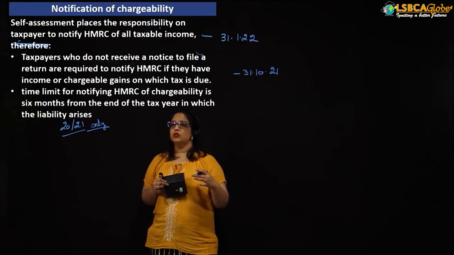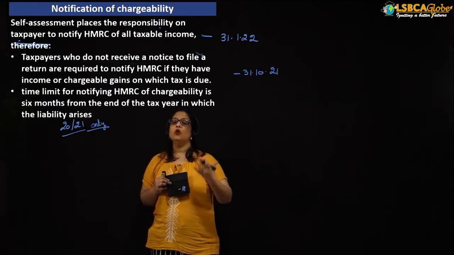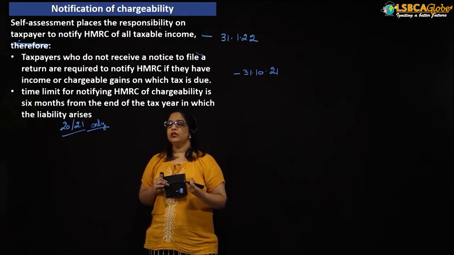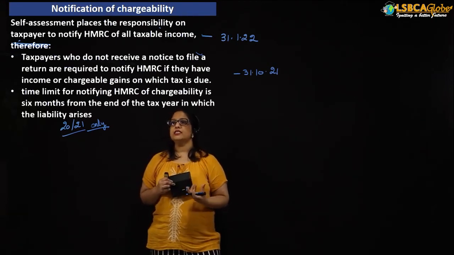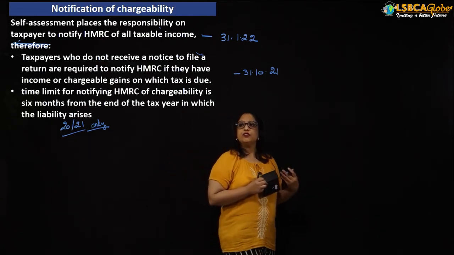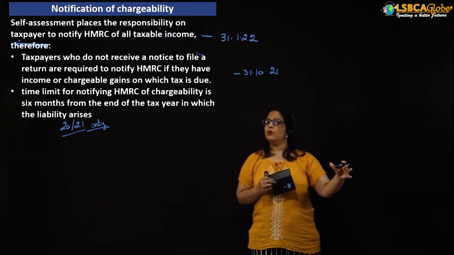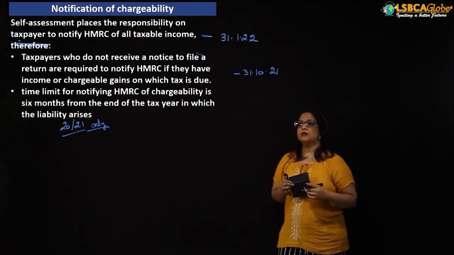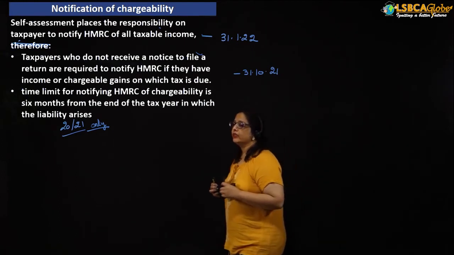Class, the person who has started earning now only, in 2021 itself, it's his responsibility to notify HMRC that, look HMRC, I have started earning now and now I am also liable to tax. But class, listen to one thing.